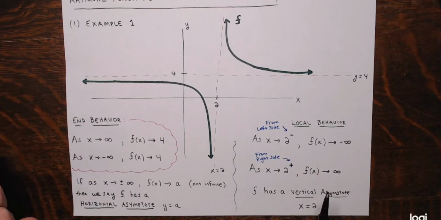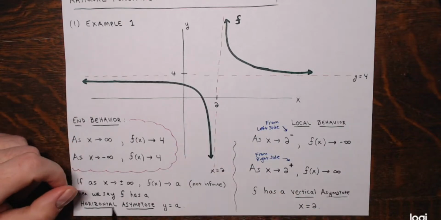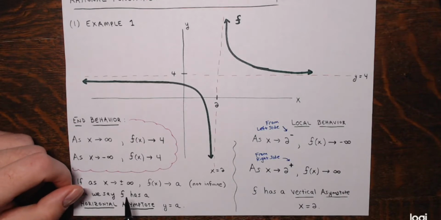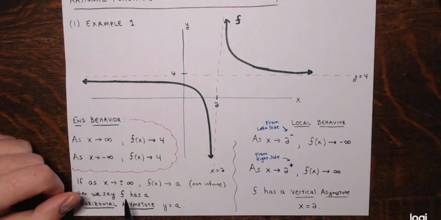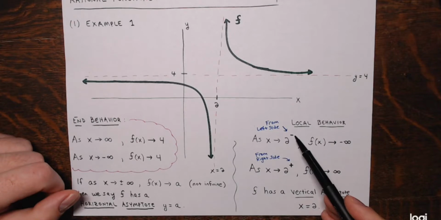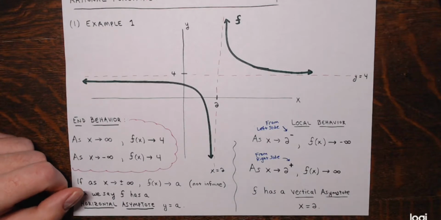Just describing with these arrows, what happens at the ends and what happens locally, what happens around some finite values where there may be some vertical asymptote. Okay. I guess the only major difference between this and previous videos is now you have this little minus sign, little plus sign for from the left, from below, and from the right or from above. Great.